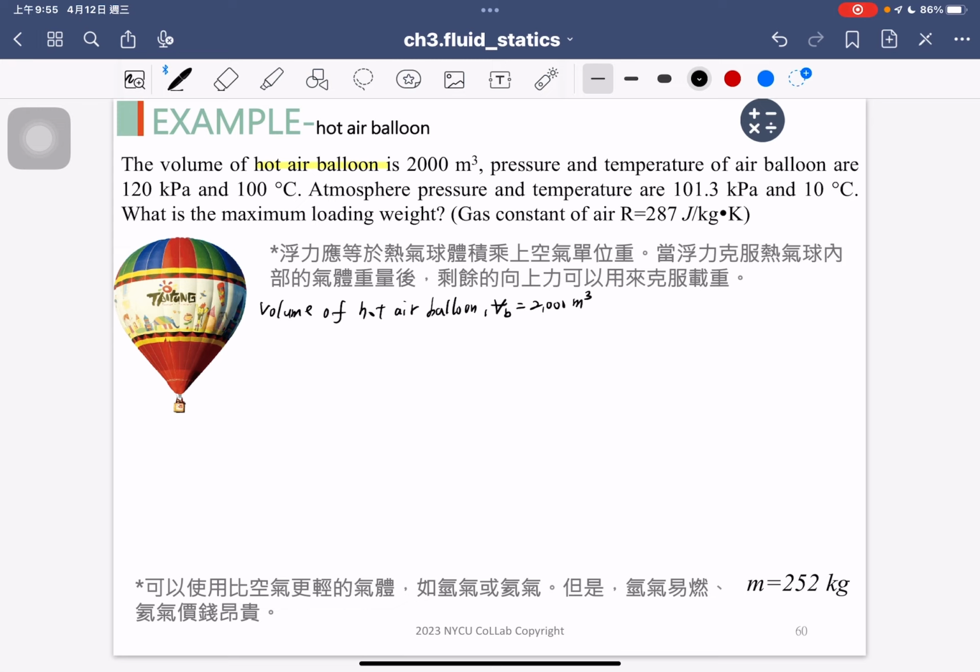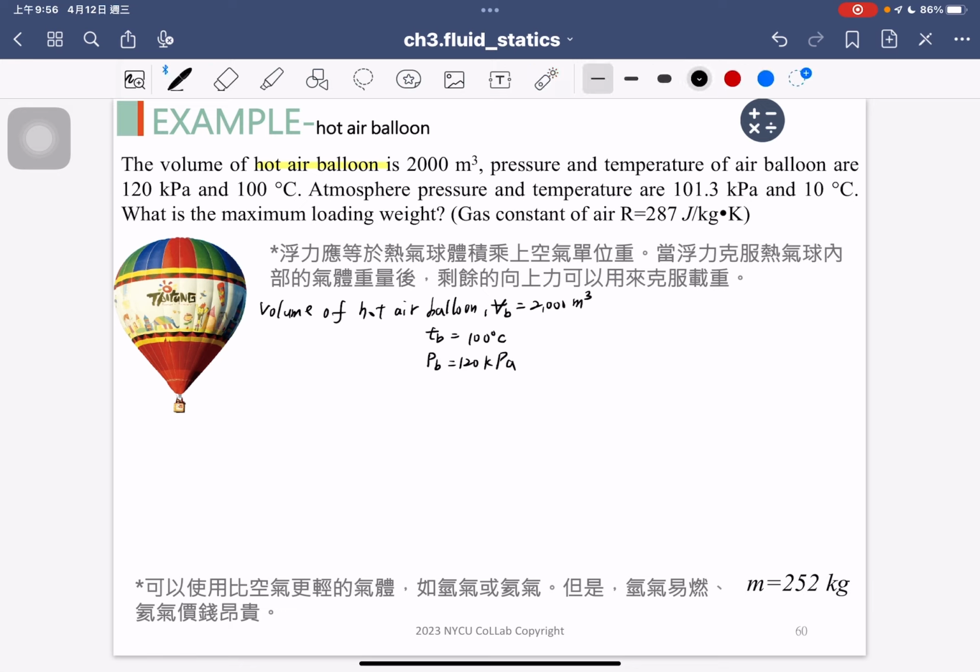Inside the balloon, the temperature TB here is 100 degrees, and the pressure inside the balloon is 120 kilopascal. This is the condition inside the balloon for the pressure, temperature, and how large the volume is.